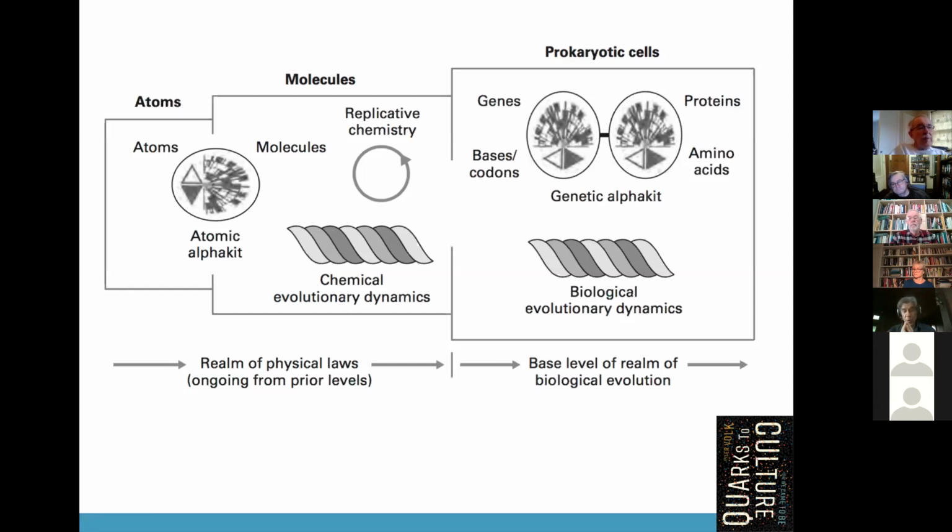We could talk about chemical evolution as well. But the reason I have a little line between these two alphakit systems is that the 64 codons, when read by the messenger RNA that goes to the DNA and then back out to the ribosomes of the cell, tell the cell which amino acid to bring in.